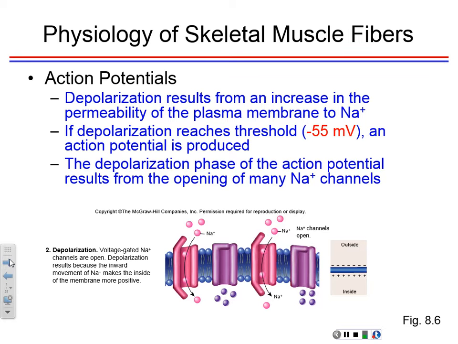And when it reaches -55, then a whole bunch of sodium voltage-gated channels open up. There are a lot more sodium voltage-gated channels, and then sodium will rush into the cell, and it goes all the way to +30. The inside now becomes positive.